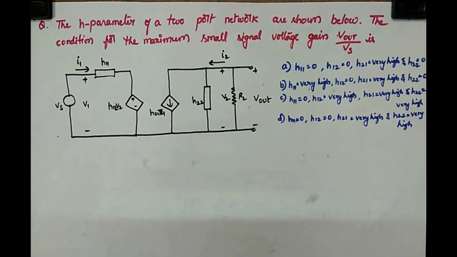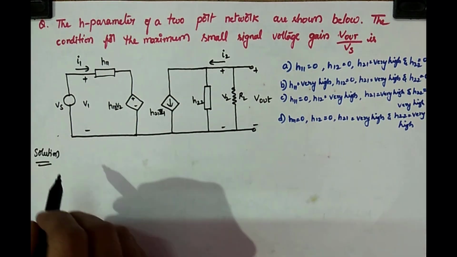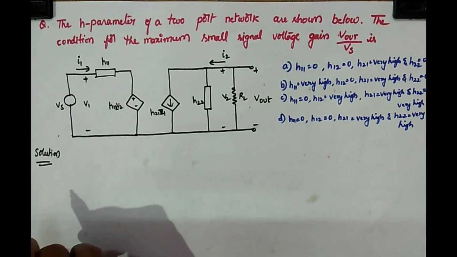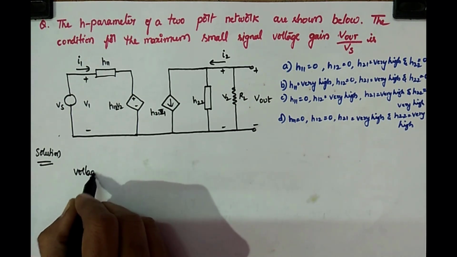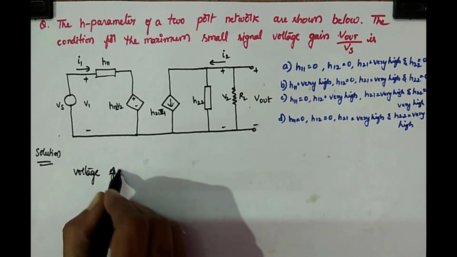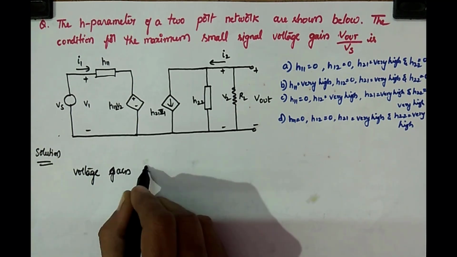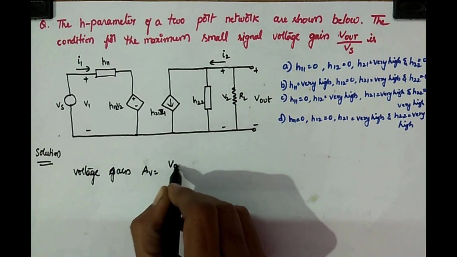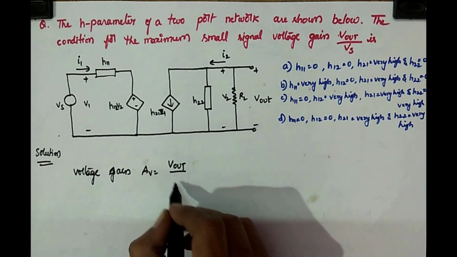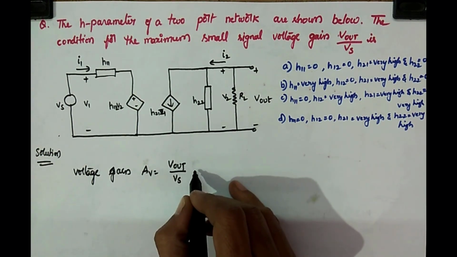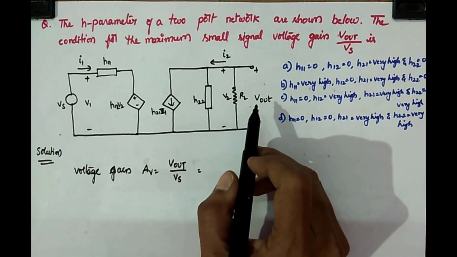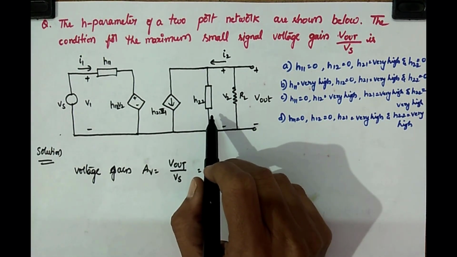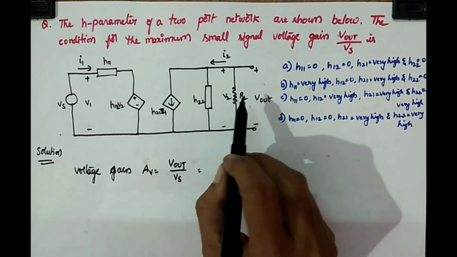First, we'll see what V out by Vs is, the small signal voltage gain. Voltage gain AV is equal to V out by Vs. Now we'll see what V out is. See here carefully. On the output side, we have two components.